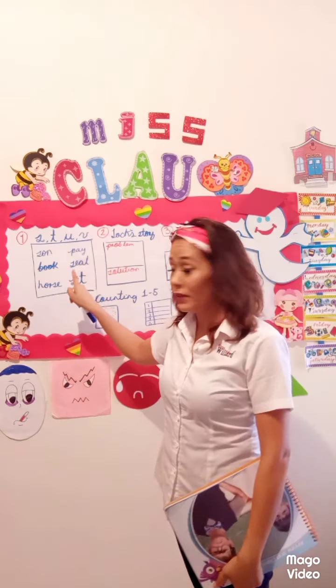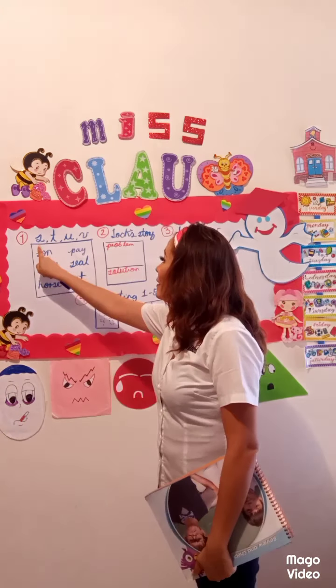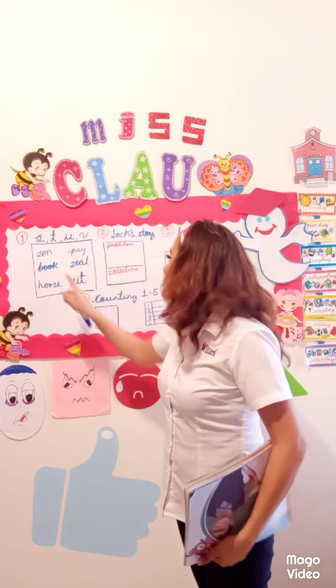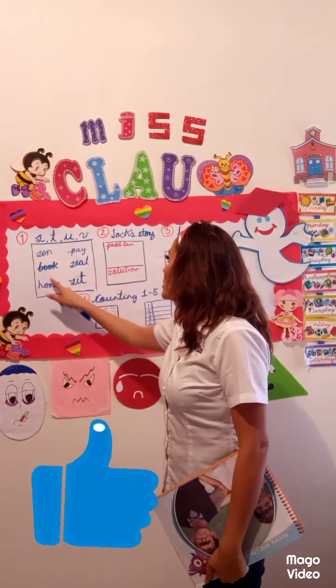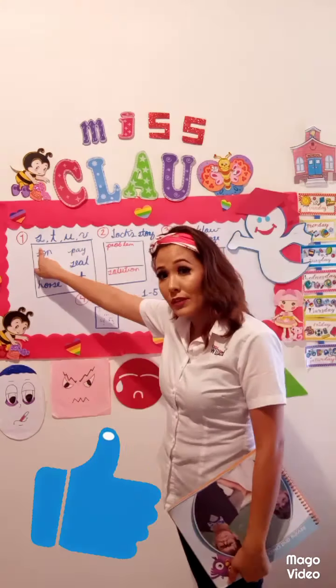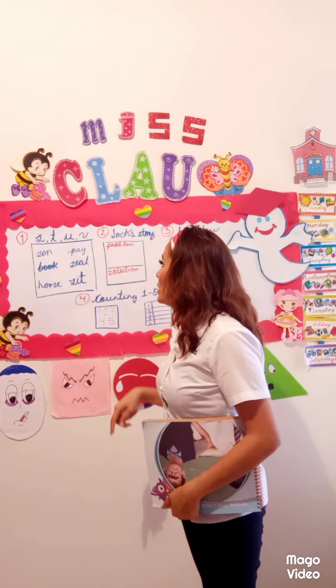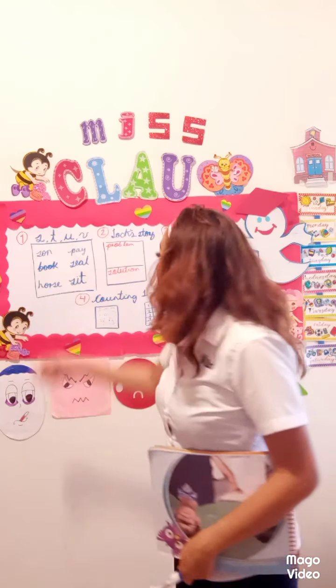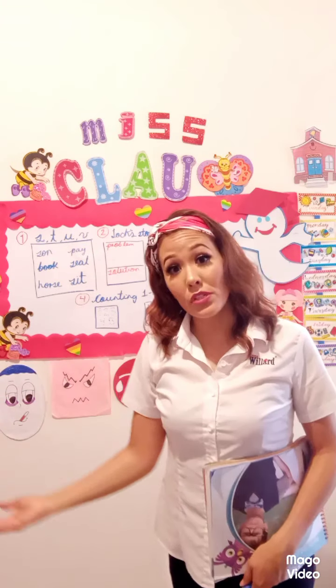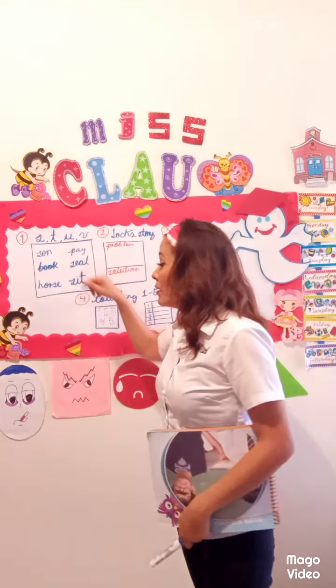For example, this is activity number 1. I'm going to send you one paper sheet with words. This worksheet is about letter S, and what you have to do is say each word aloud and repeat with your children.